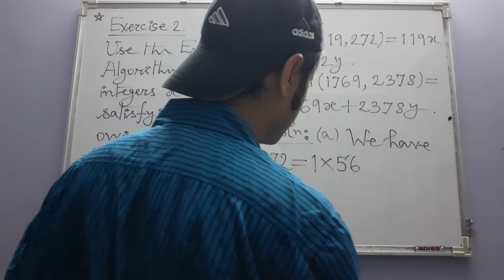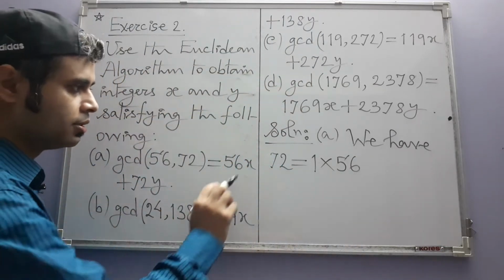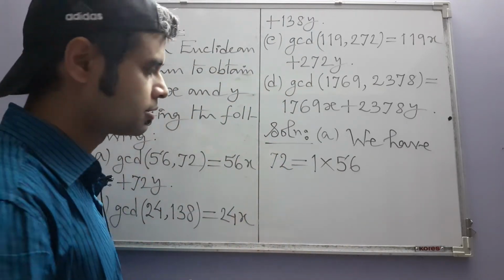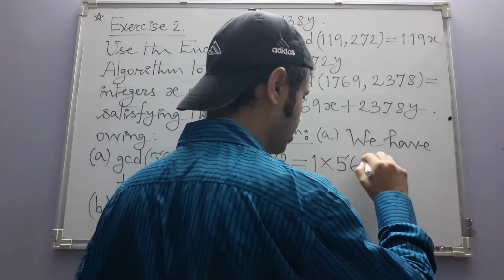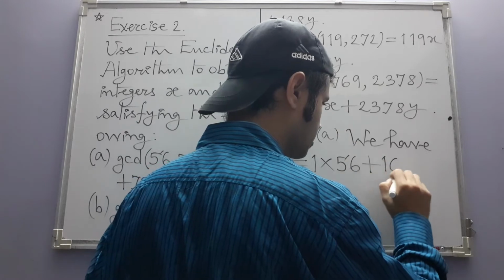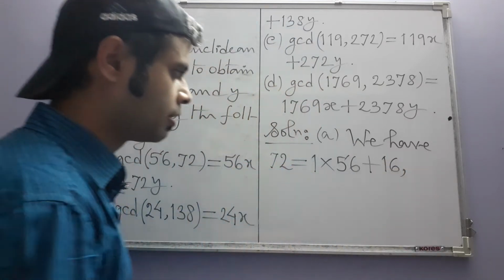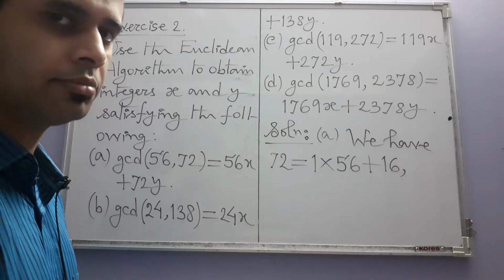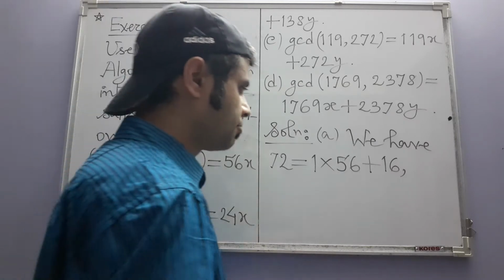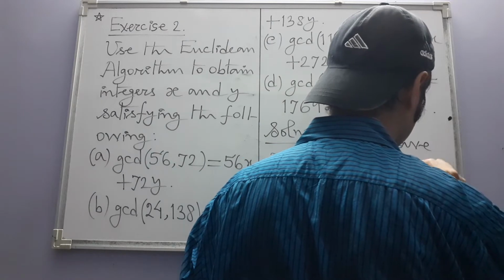So first we apply the division algorithm to divide 72 by 56. We then get 1 as the quotient and 16 as the remainder. Then in the next step we divide the divisor by the remainder, the usual process we have in the Euclidean algorithm.